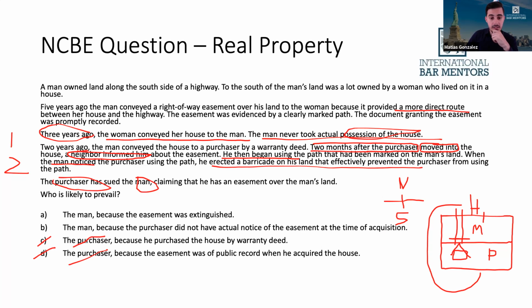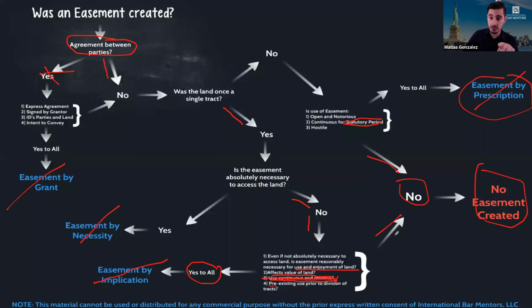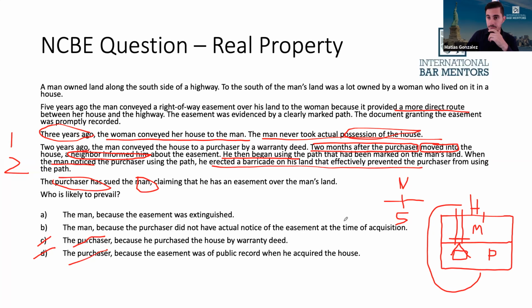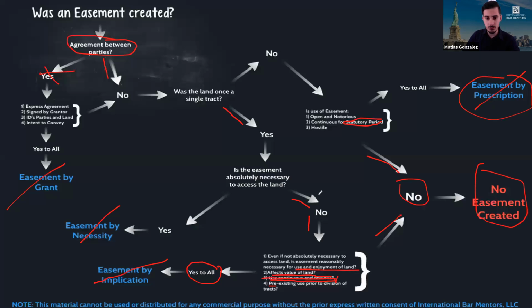A: The man, because the easement was extinguished. B: The man, because the purchaser did not have actual notice of the easement at the time of acquisition. Notice this about wrong answer choices sometimes in MBE questions. It'll have the right person, but it'll give you the wrong explanation. So it says actual notice of easement at time of acquisition. Let's go back real quick to our chart.